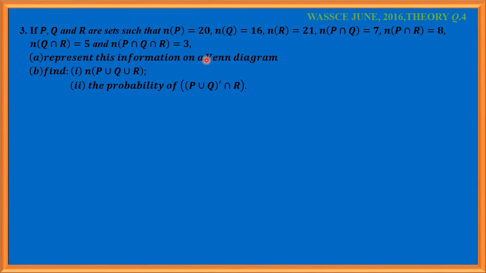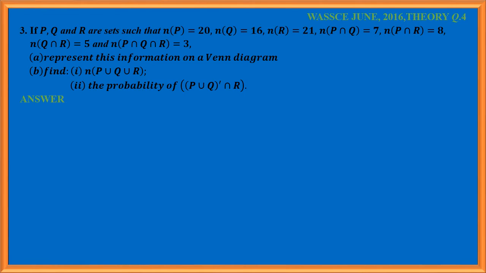A, represent this information on a Venn diagram. Then B, find I, number of P union Q union R. II, the probability of P union Q or complement intersection R.